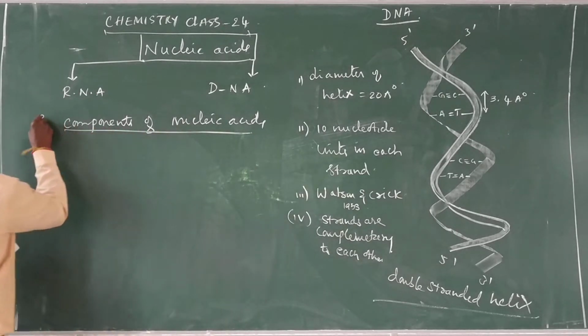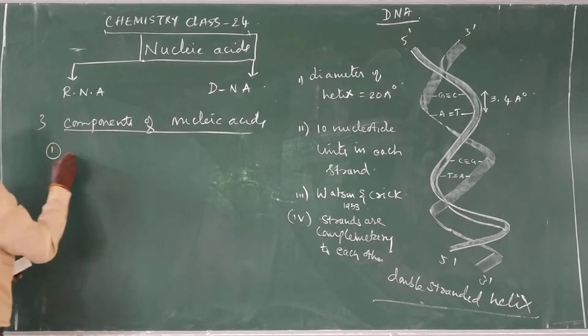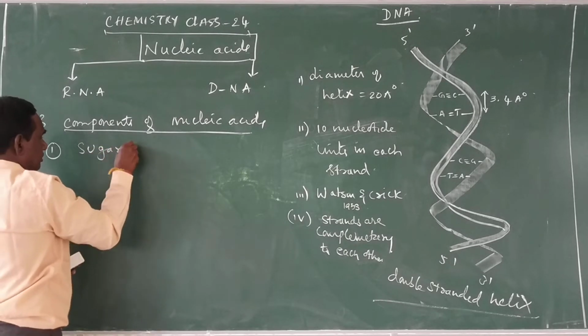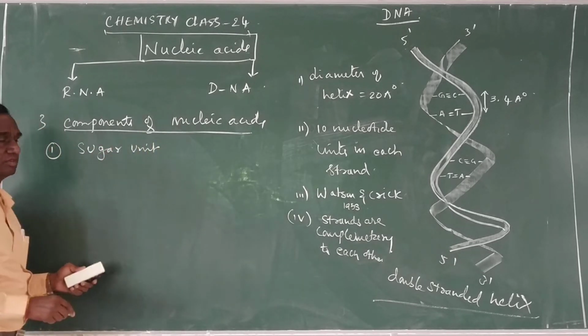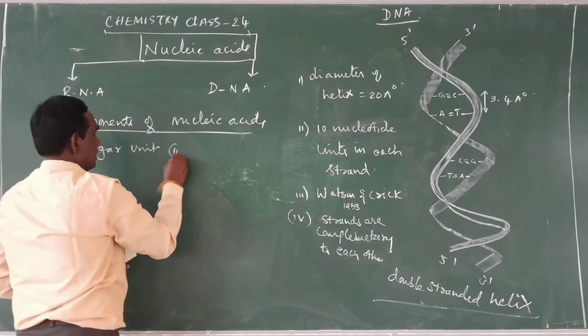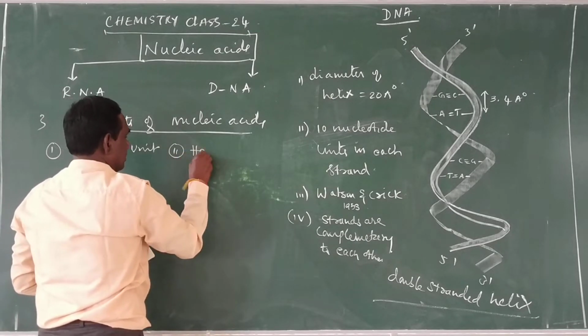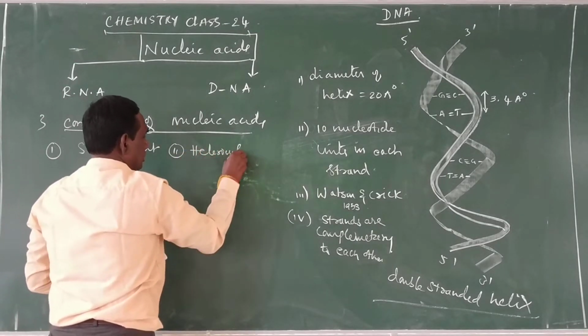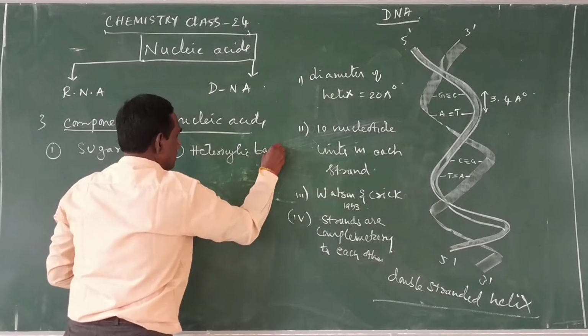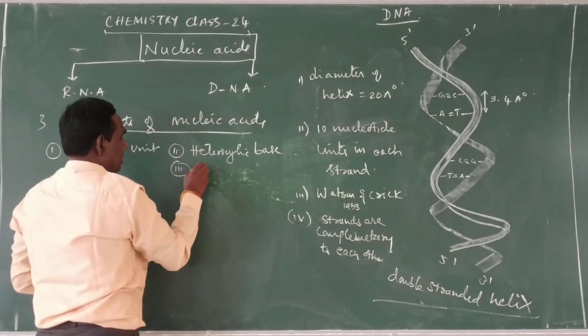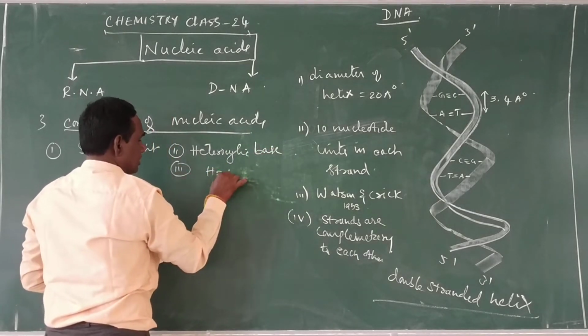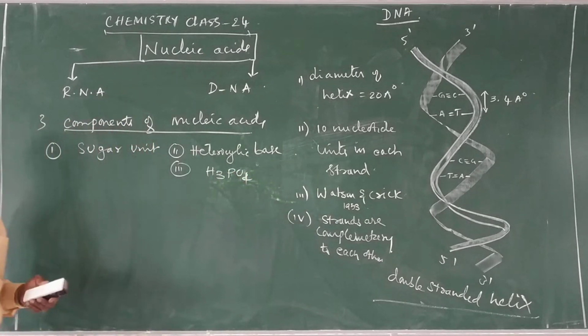The three components of nucleic acid are: one, the sugar unit; second, a heterocyclic base; and third, a phosphoric acid molecule, H3PO4.